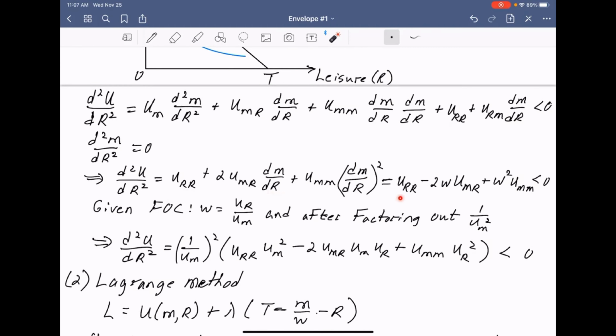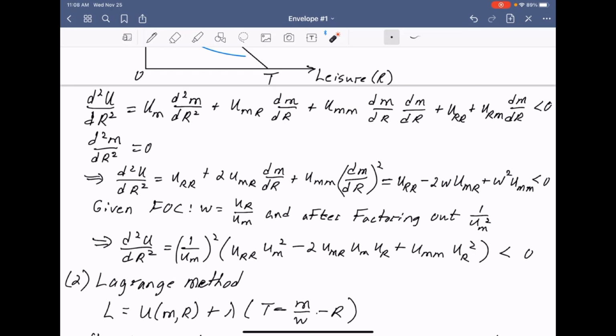which we rewrite as the second derivative of the marginal utility with respect to leisure, the first derivative of that with respect to R, minus 2 times the wage times the derivative of the marginal utility of income with respect to R, plus the wage rate squared times the derivative of the marginal utility of income with respect to income.